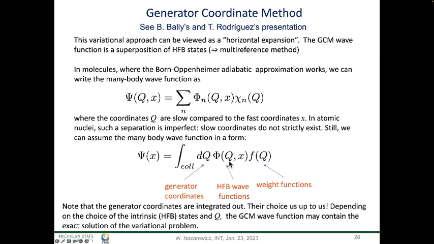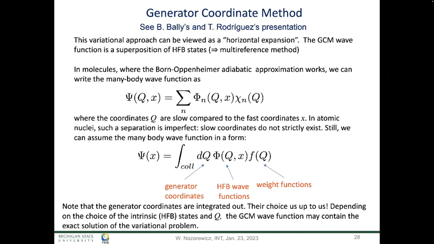We carry out calculations using DFT for different values of deformation, like quadrupole moment, octupole moment, right? So we have those HFB wave functions, DFT wave functions, and then we assume that the total wave function will be a superposition of those, and eventually we integrate over those collective coordinates.